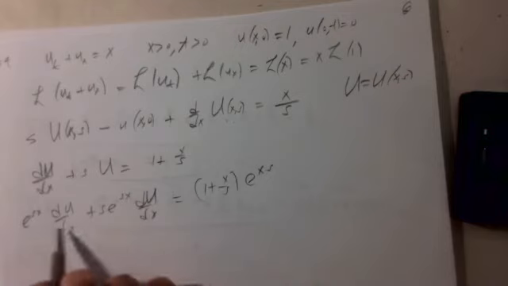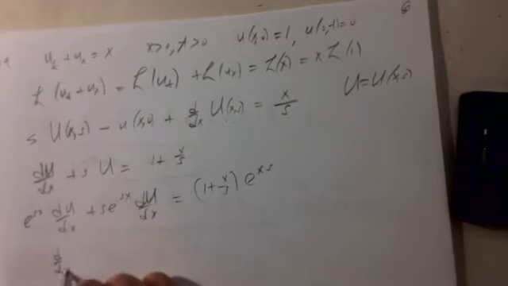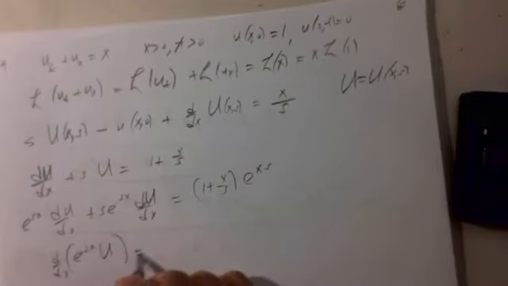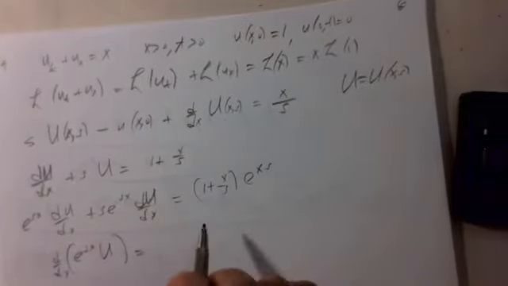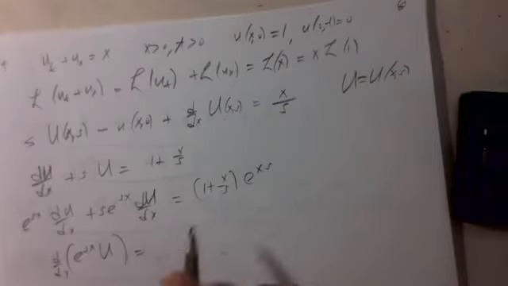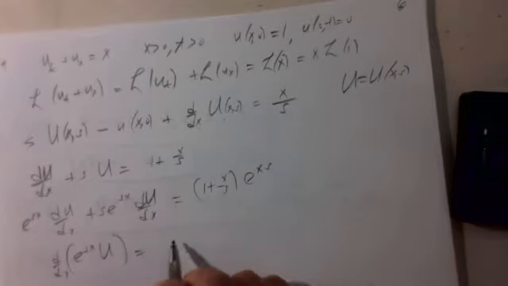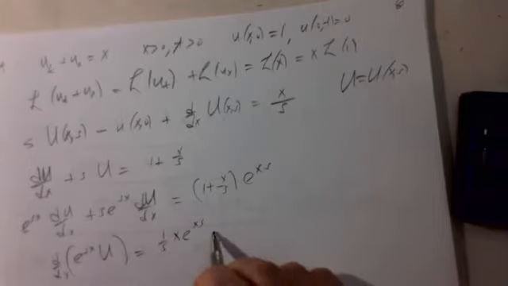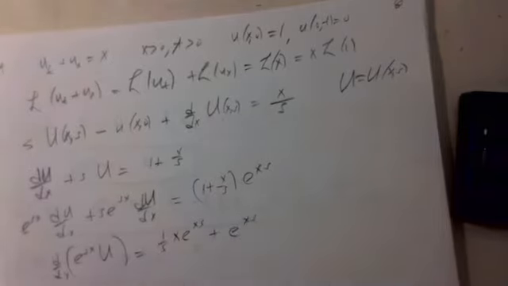And on the left-hand side, this is just the derivative with respect to x of e to the sx u equals this. X e to the xs over s plus e to the xs.